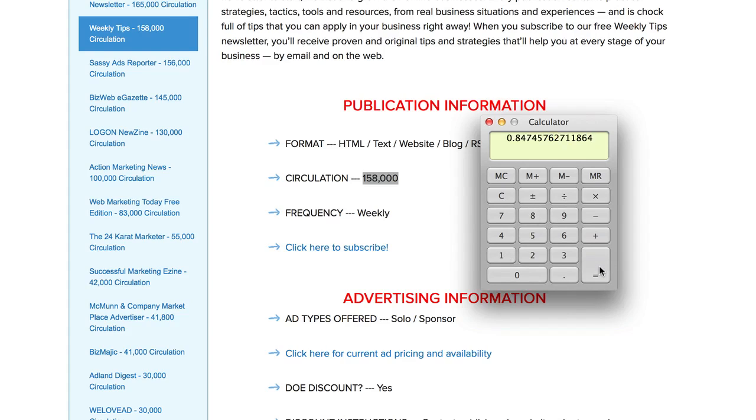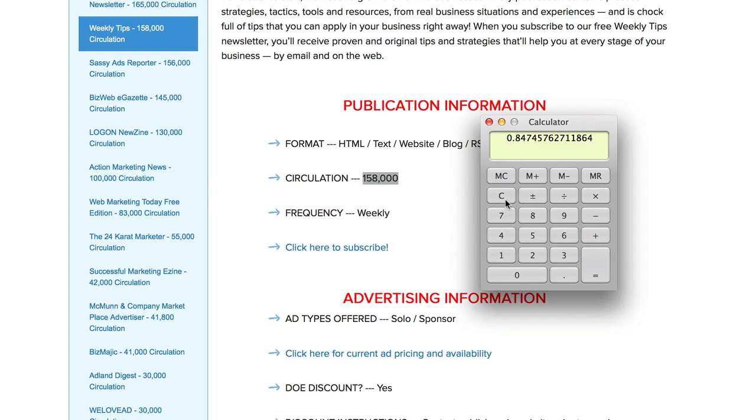So your cost per subscriber is about 84 cents, which is really, really good. Anytime you can get an actual subscriber who goes to your landing page and enters their email address for under $1, I would do that all day long.